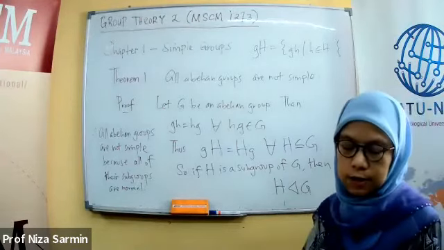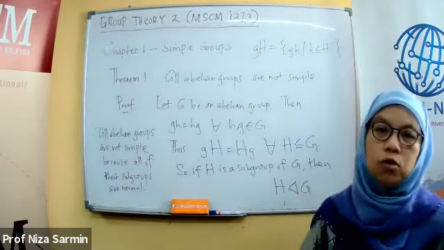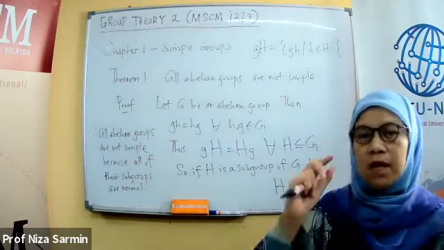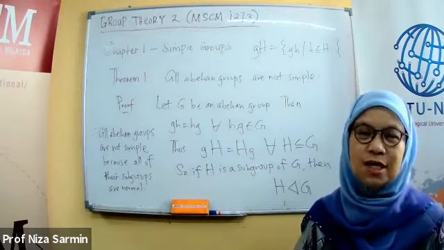The second one is: if you have a proper subgroup H of G with index 2, then G is not simple.